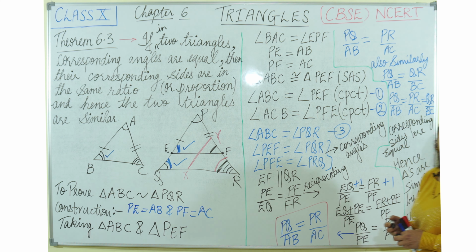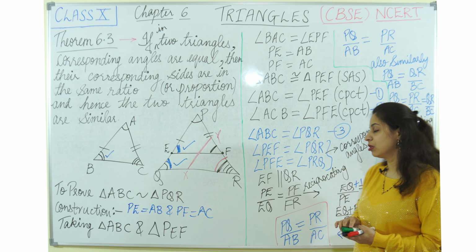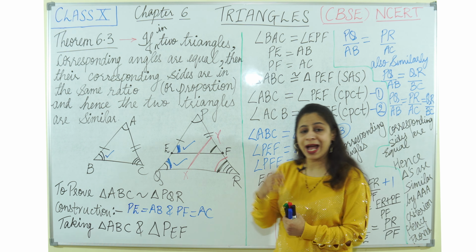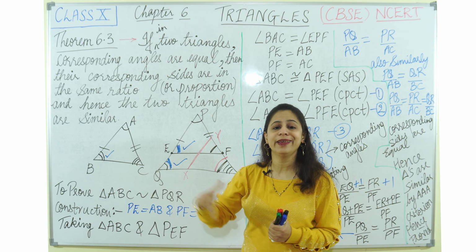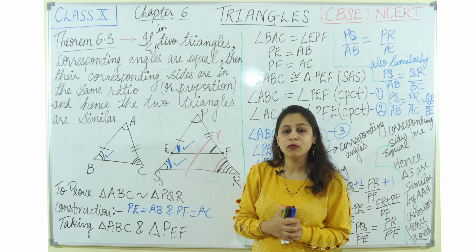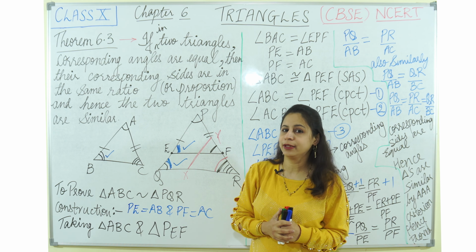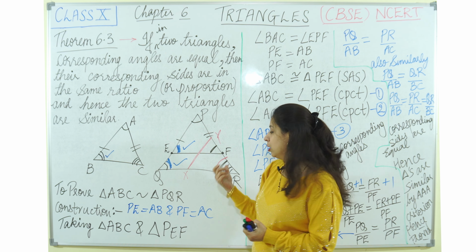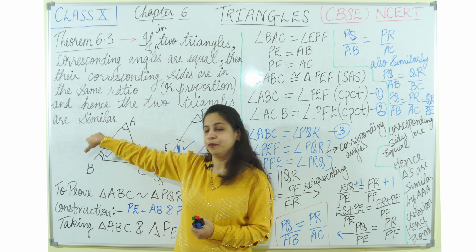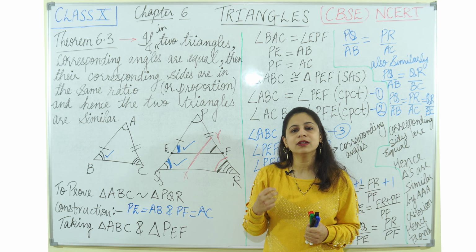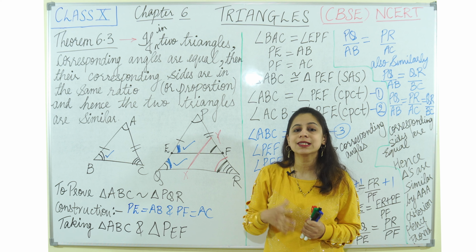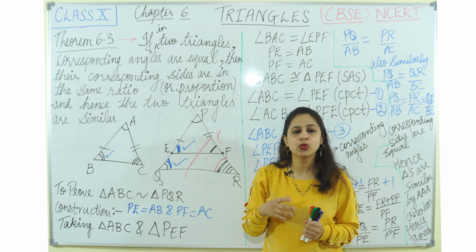Okay, hence proved. So we see the AAA criterion: when all three angles are equal, then their corresponding sides are in the same ratio, or proportional, and then the triangles are said to be similar. If two angles are given equal, then automatically the third angle is equal because the sum of the angles is 180 degrees.